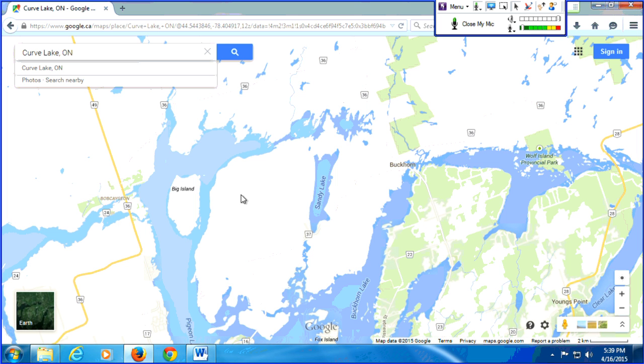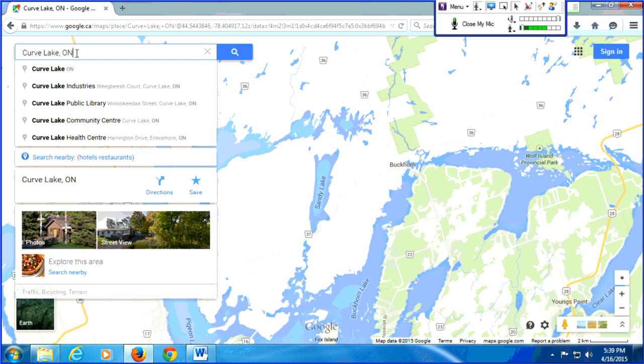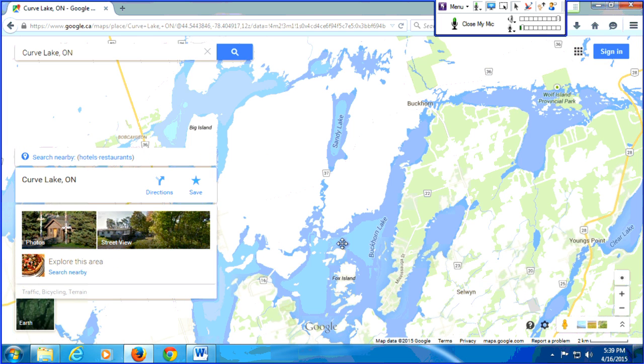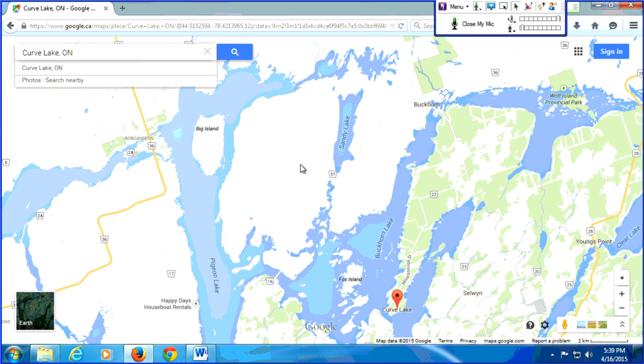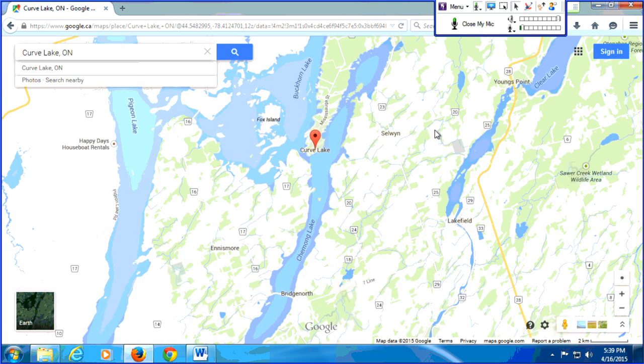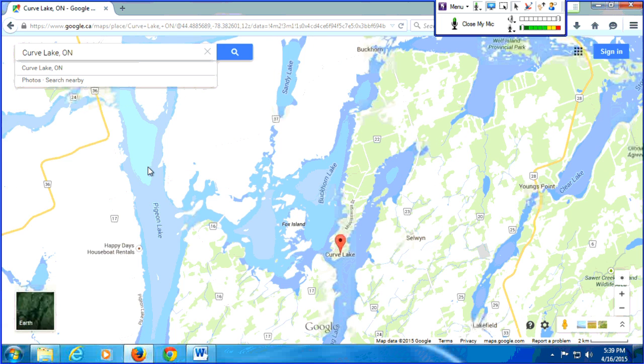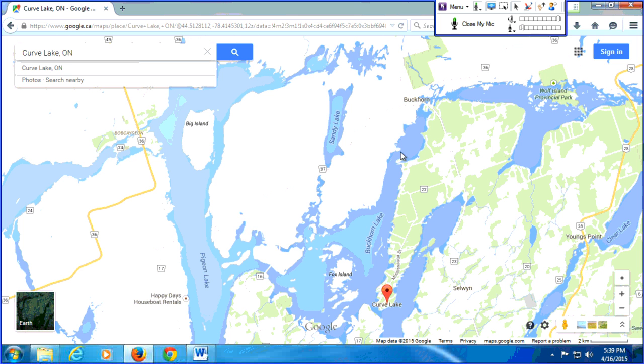So if we look at our novel, our main character is from Otter Lake, which is based on Curve Lake, and her boyfriend, who's non-native, is from Bay Meadow, which is similar to Bobcaygeon right here. So that's roughly where it is, first off.